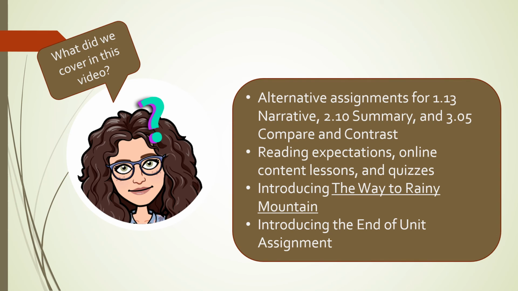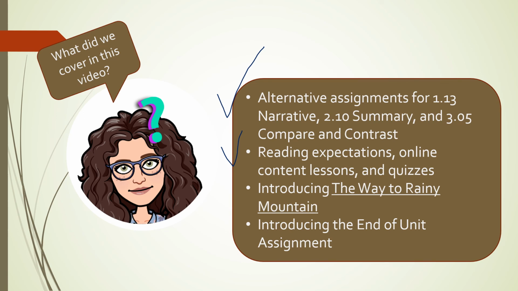All right, so what did we cover in this video? Let's see, did we do what we needed to do? We covered the alternative assignments for 1.13 narrative, 2.10 summary, and the 3.05 compare and contrast. Those are all on formative.com. Make sure you let us know when you have completed them. We went over reading expectations, online content lessons, and quizzes for The Way to Rainy Mountain.